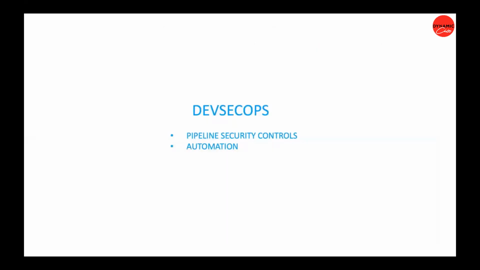Next is this part here, DevOps, DevSecOps. You need to put pipeline security controls into place, and automation. The name itself, pipeline, because today software is like Ford's old cars. It's a pipeline. It keeps going from the time code is written to how it gets committed, how it gets built and tested.